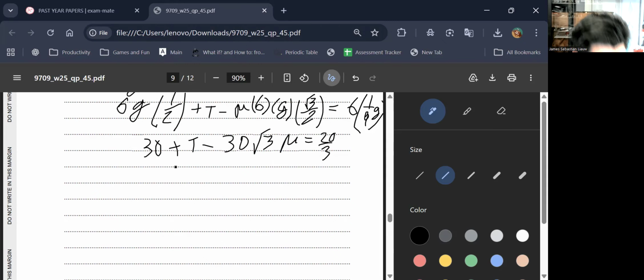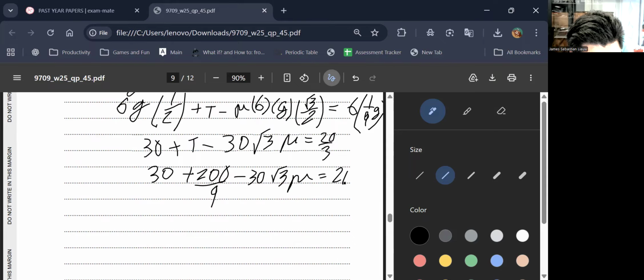T is itself 20 over 9 g, so T is 200 over 9. So 30 plus 200 over 9 minus 30 square root 3 mu equals 20 over 3.